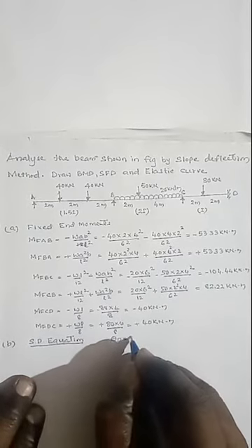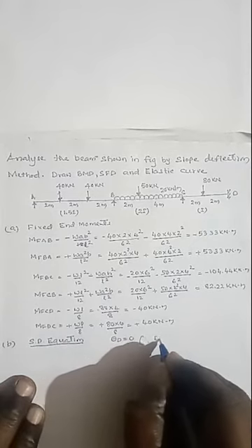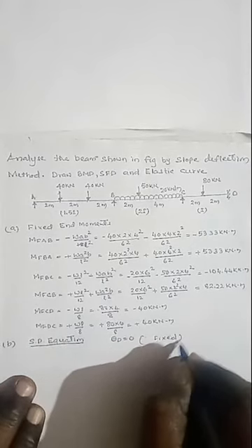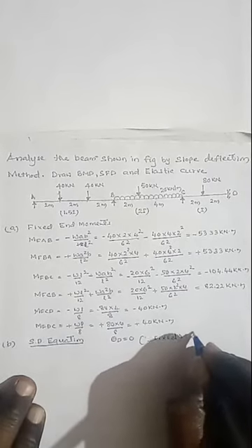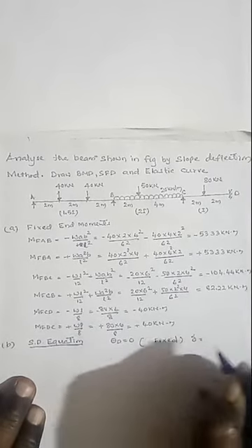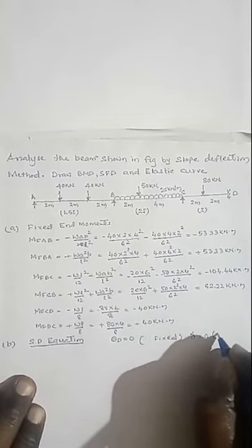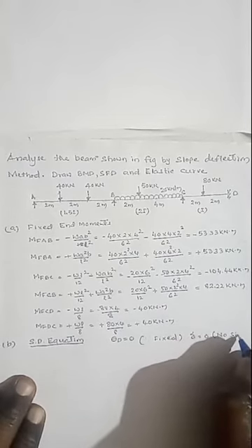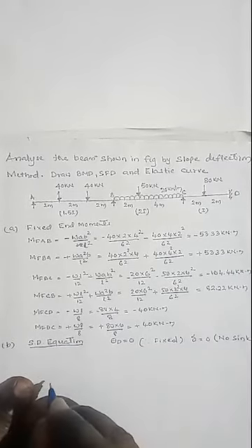Here it is neither permitted to move nor permitted to rotate in any direction, hence theta D is 0. Here the slopes and deflections are the unknowns that we have to calculate. Here no sinking or settlement of the support, hence delta is also 0.